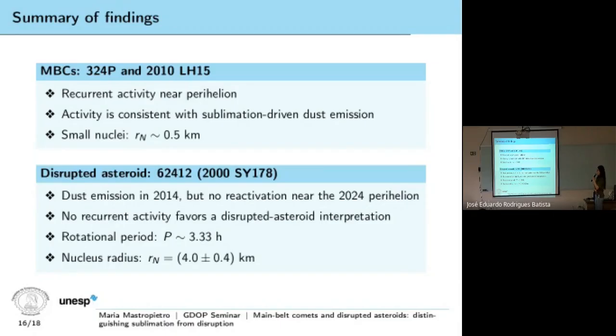And for 62412 instead, we had dust emission only in 2014, no reactivation in 2024. So no reactivation favors a disrupted asteroid interpretation. And since it is also a fast rotator with a period of 3.33 hours, and its nucleus is much larger than main belt comets.